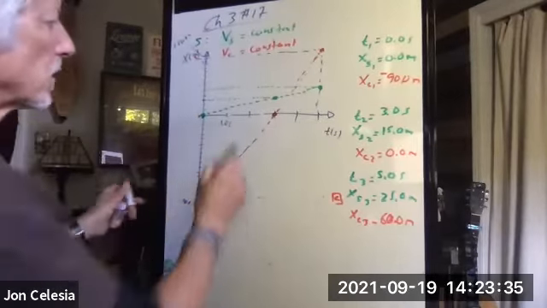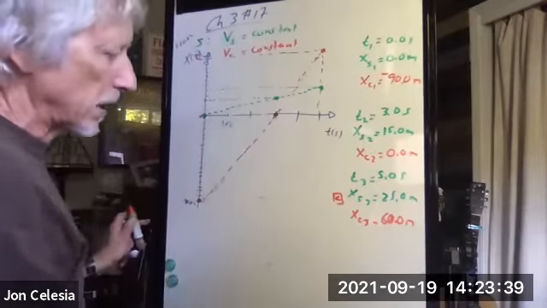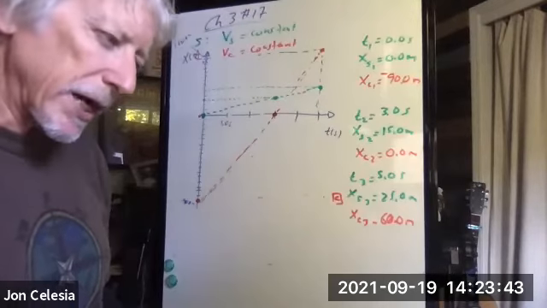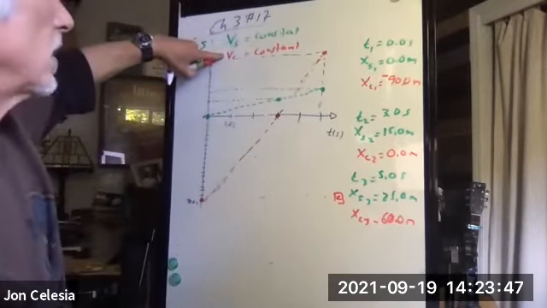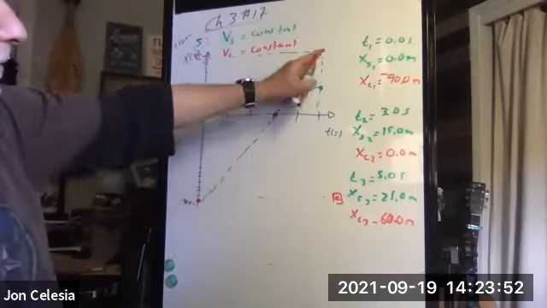In reality, you can't always just connect the dots with a straight line. All kinds of wacky stuff could happen. But in an introductory physics class, and by my telling you that it's constant, that means the slope is constant on this graph, X versus t.